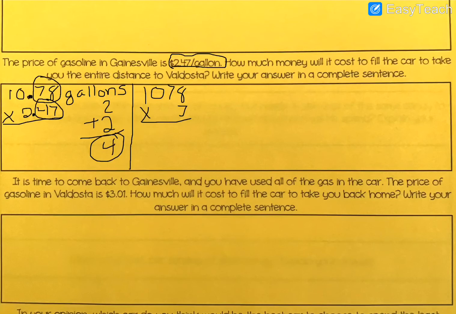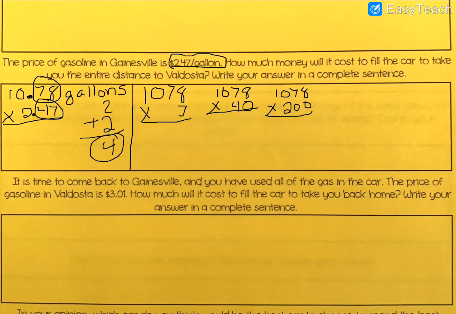And then we'll do 1,078 times 40, because we're going to treat the 4 as if it's in the tens place. And then we'll do 1,078 times 200, because we're treating the 2 as if it's in the hundreds place.